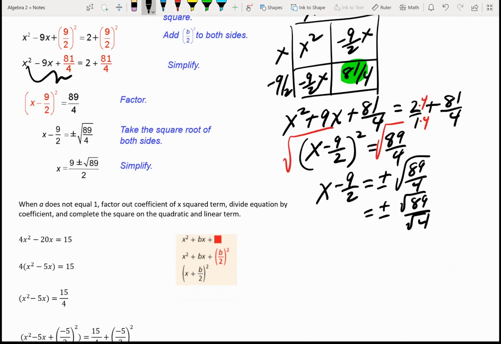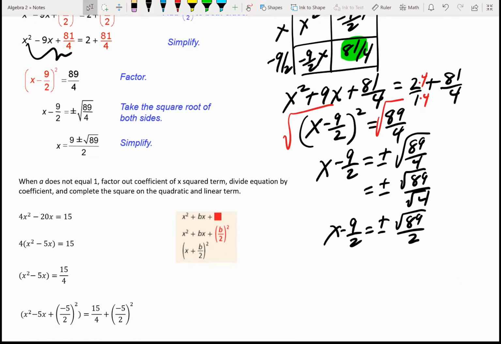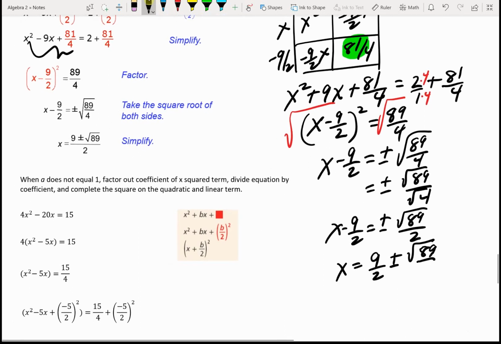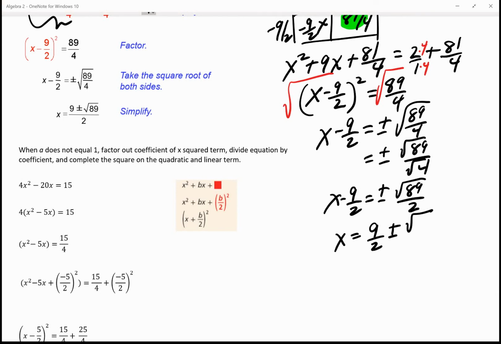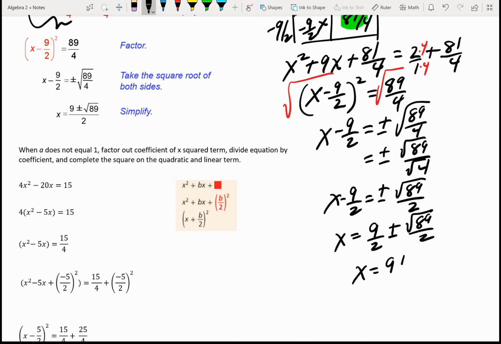And there's no perfect square factor of 89, so that's just plus or minus root 89 over 2. So I have x minus 9 halves equals plus or minus root 89 over 2. And then finally, I'll add 9 halves. Same denominator, so I can write x is equal to 9 plus or minus root 89 over 2.